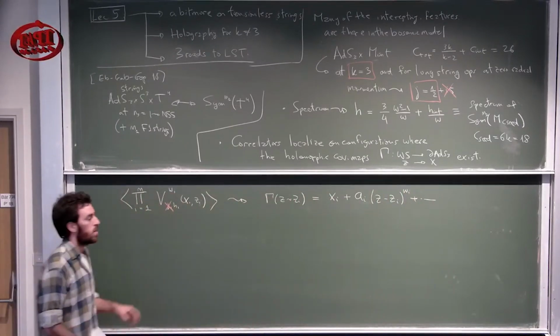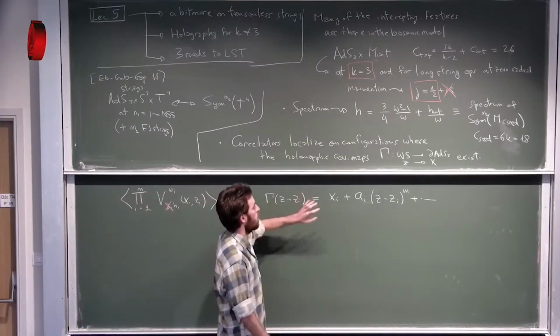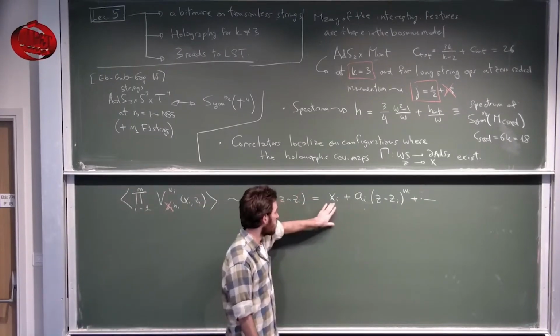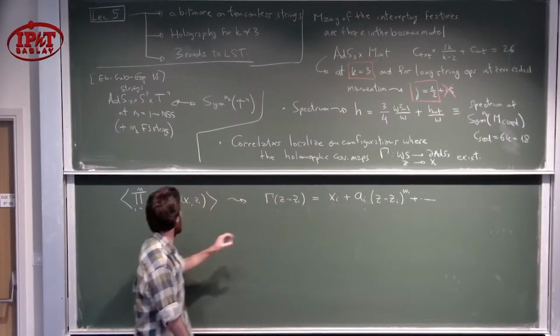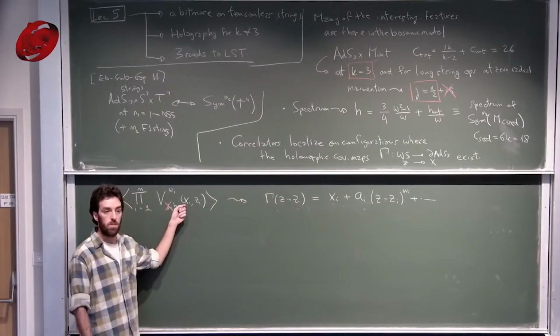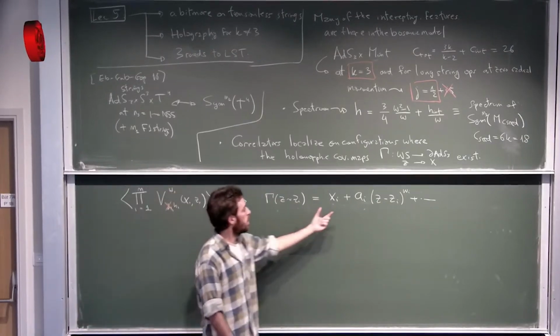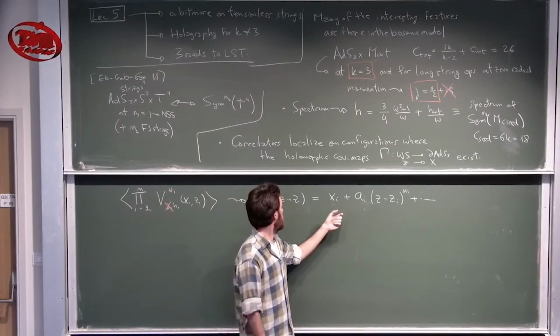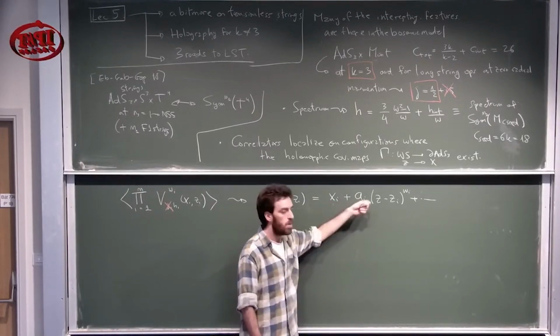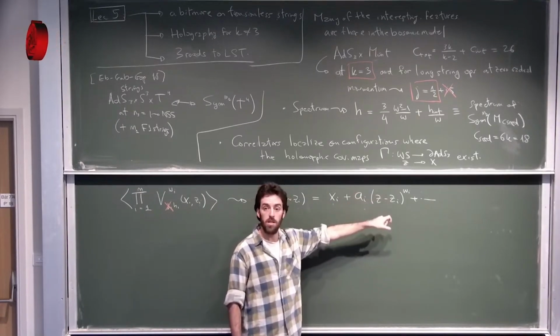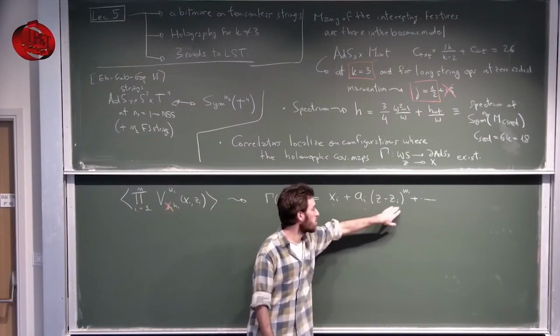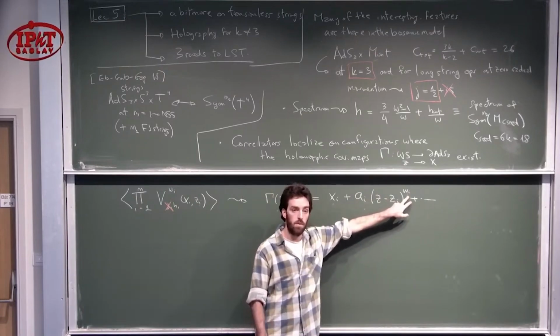But the main point is that this has to be holomorphic, and it has to give you the function from the insertion point in the worldsheet to the insertion point on the boundary, and the next few orders in the Taylor expansion have to vanish up to the order indicated by the spectral flow index. Okay?